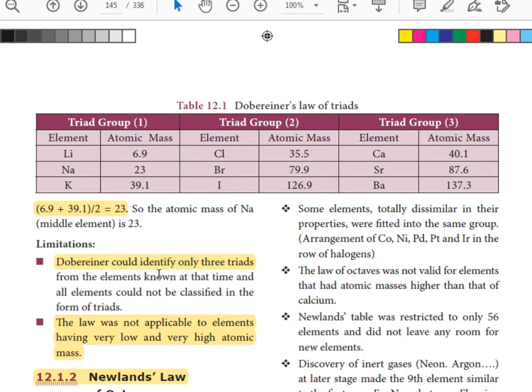After Dobereiner, the next scientist, John Newlands, arranged 56 known elements in the year 1866 in the increasing order of their atomic masses. He also used the atomic mass to classify the elements. Dobereiner also used atomic mass to arrange the elements, and here John Newlands also proposed classification based on atomic masses.